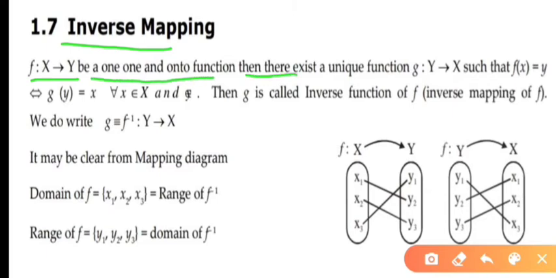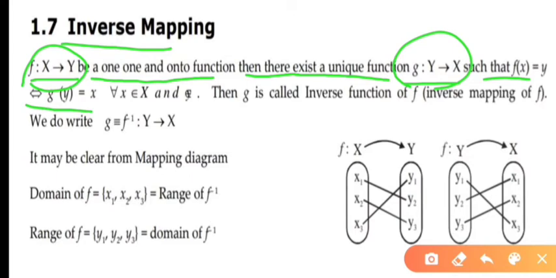Then there exists a unique function g from y to x, such that f of x equals y, which double implies g of y equals x, for all small x belonging to the set x.